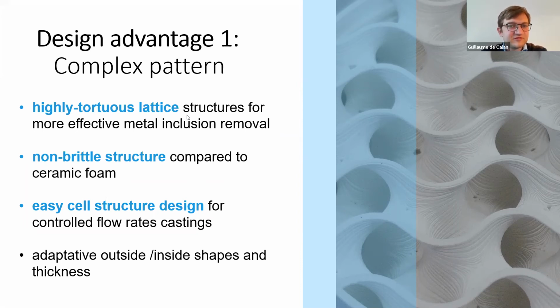It's comparable to bulk material, a bit below, something like 10-15% below the bulk material. But you do have a difference between directions: Z is less strong than X and Y. I don't have the precise figure, but again, we're going to publish a paper soon, so you can find this in the paper soon enough.